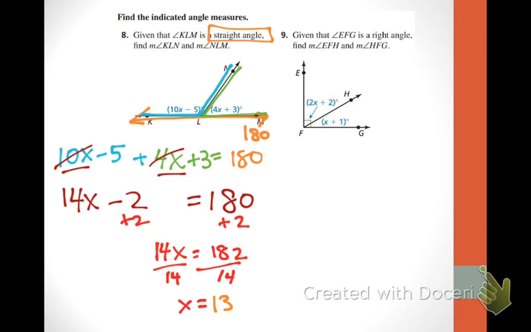Plug it back in. So 10 times 13 minus 5, we're plugging it in for x. 10 times 13 is 130. Minus 5 is 125. So the measure of angle, what is it? KLN is 125.